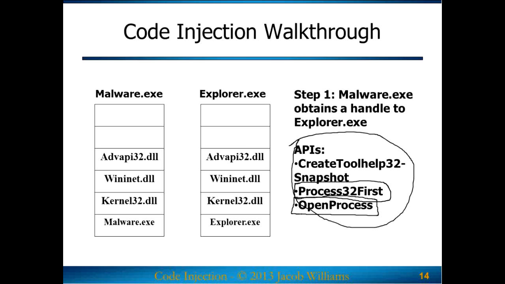The structures returned by CreateToolhelp32Snapshot and accessed by Process32First and Process32Next contain both the process ID and the process name, the actual executable name, and so the attacker is able to use this to locate the PID, the process ID of the process they want to inject into.